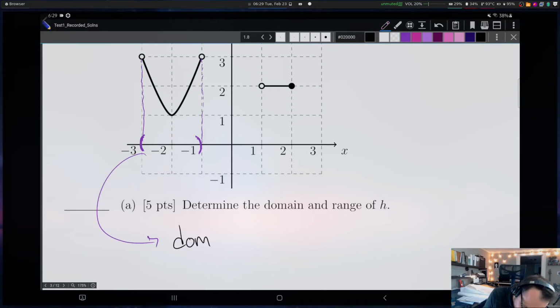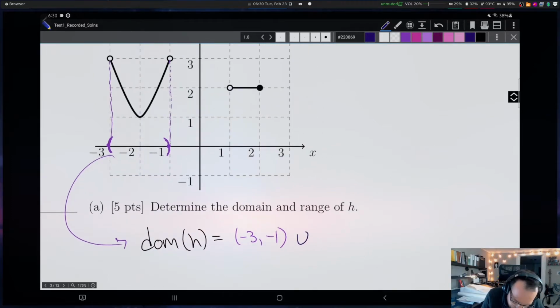This is the domain of h, and it's going to be a couple of intervals. So this first interval, I guess this starts at -3 and goes to -1, but I leave out the endpoints. Okay, so that's just coming from the purple thing. And I'm going to write this funny U for this union symbol to tell the reader that there are some more intervals that I have to add into the domain.